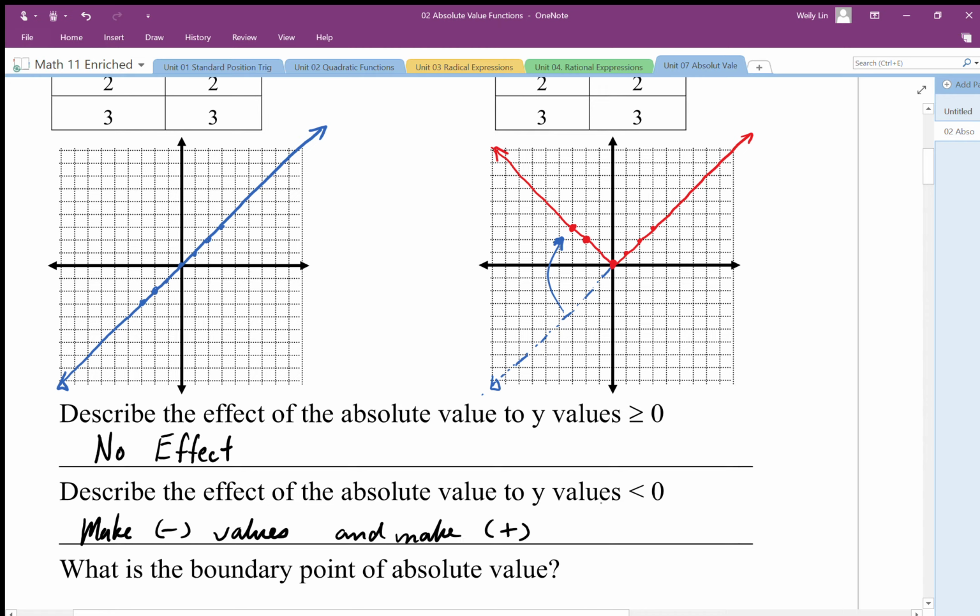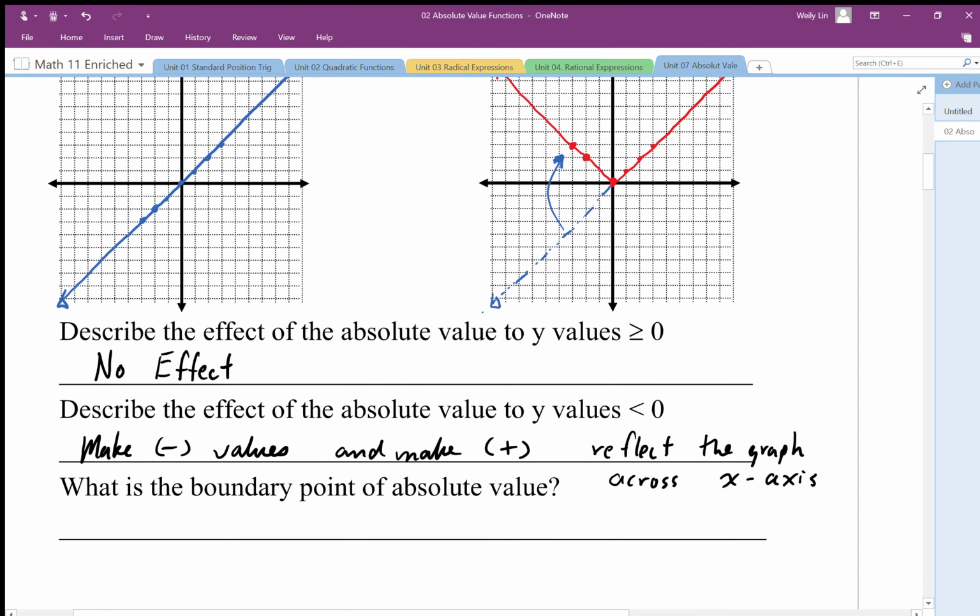Or in other words, it's going to reflect the graph. So it's going to reflect the graph across the x-axis, or vertically reflect it.